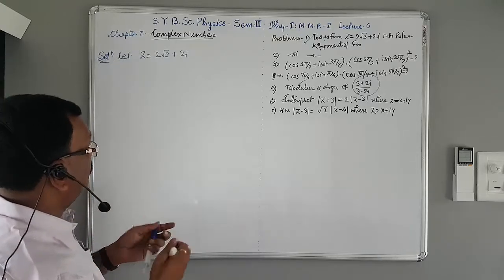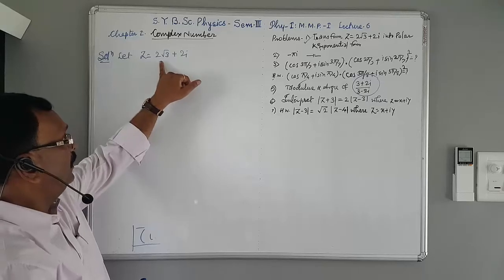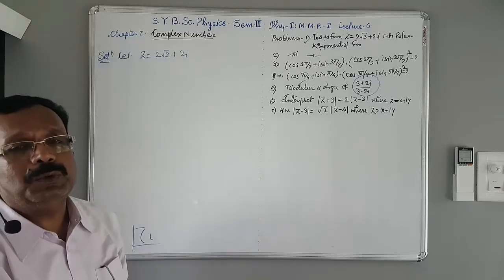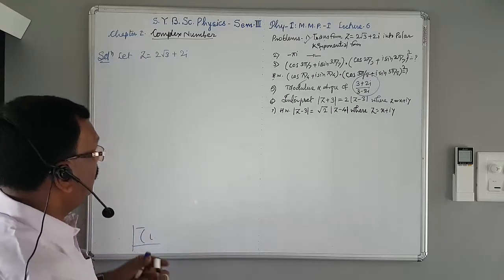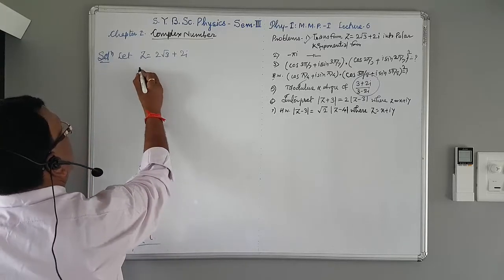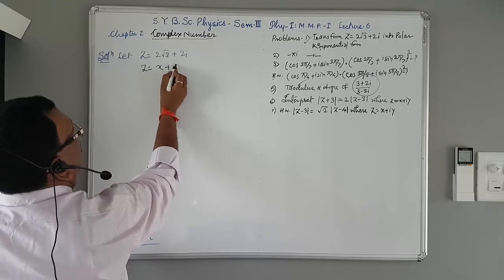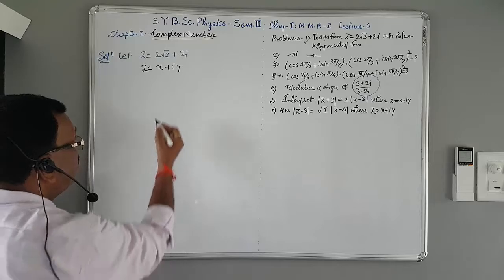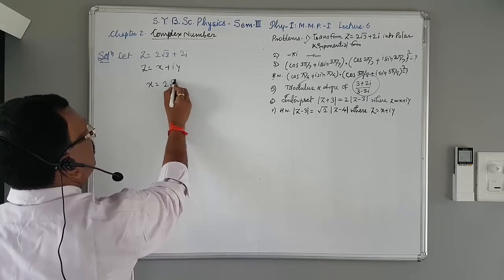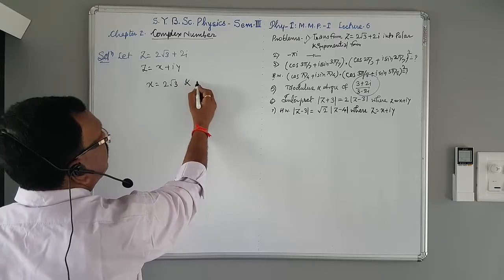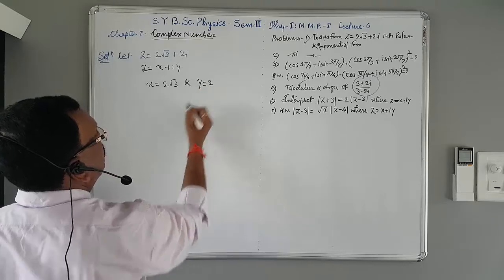Note that here this complex number is in rectangular form, because 2 root 3 and 2 are the rectangular coordinates. Now compare this equation with z is equal to x plus iy. Comparison gives us the value of x is equal to 2 root 3 and the value of y is 2.